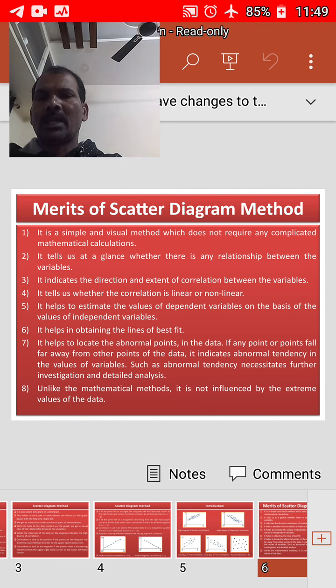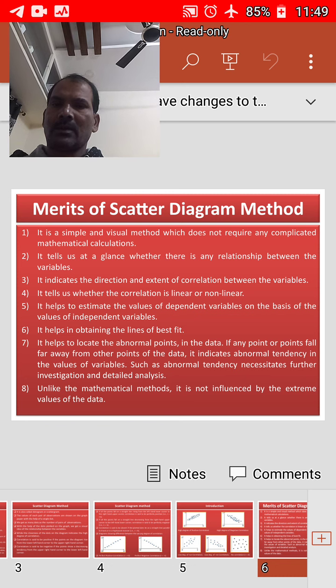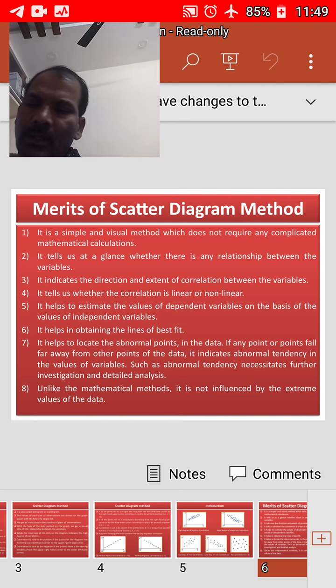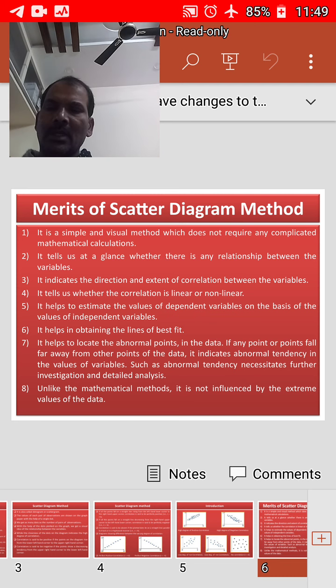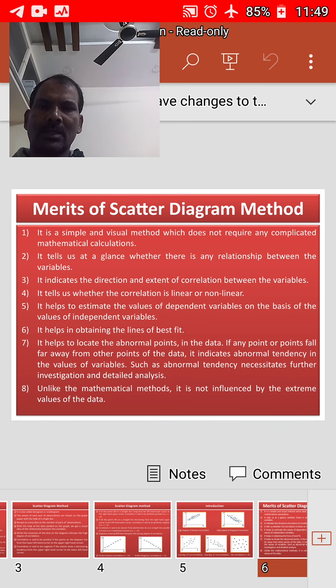Next, merits of the scatter diagram method. What are the merits that we have in the scatter diagram method? It is a simple and visual method, which does not require any complicated mathematical calculations. You need not be an expert in mathematics to know the relationship between the variables by using this method.